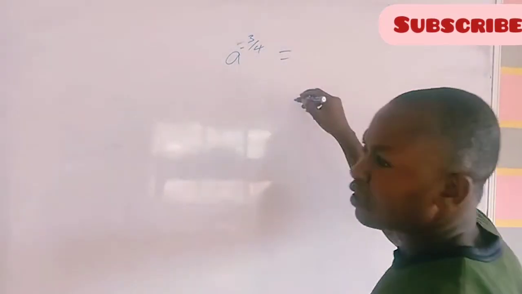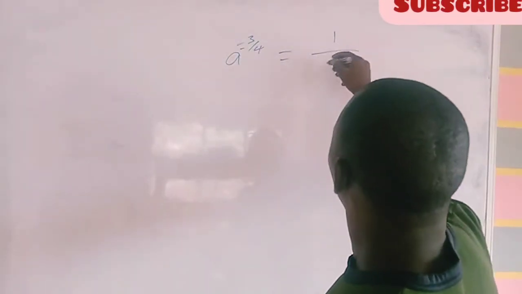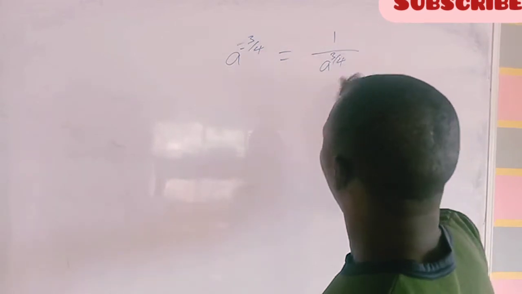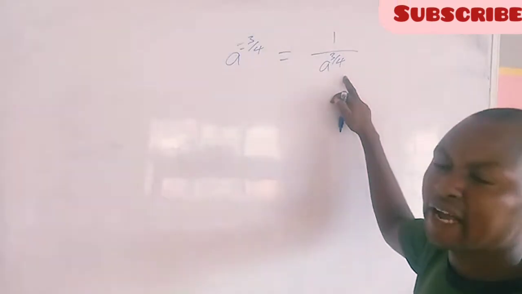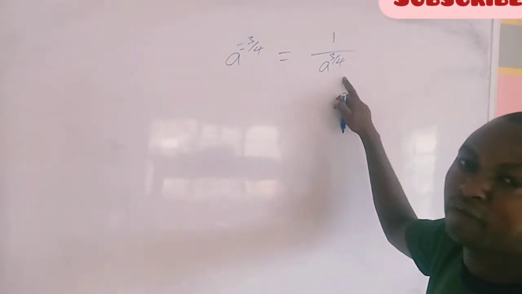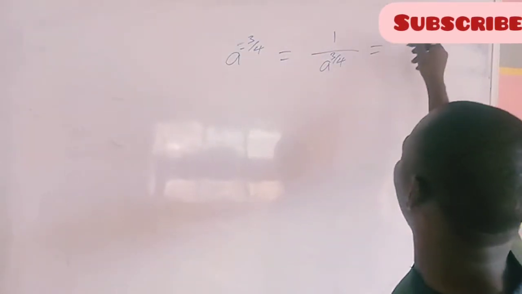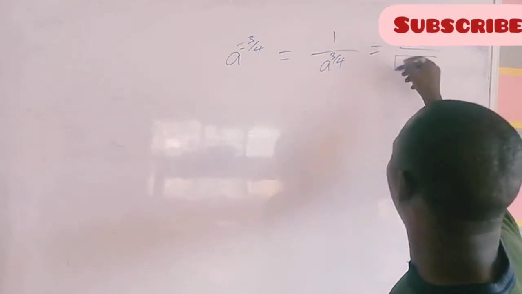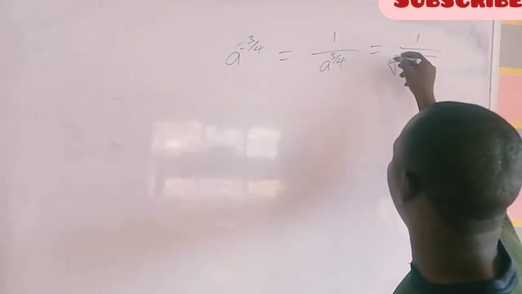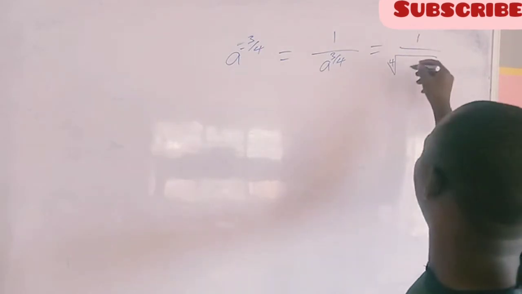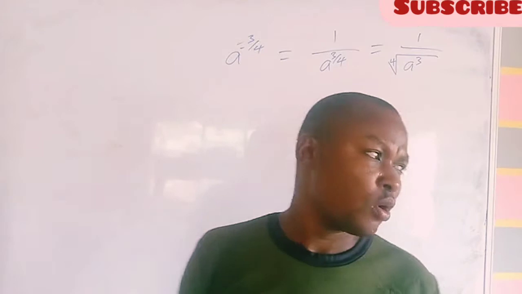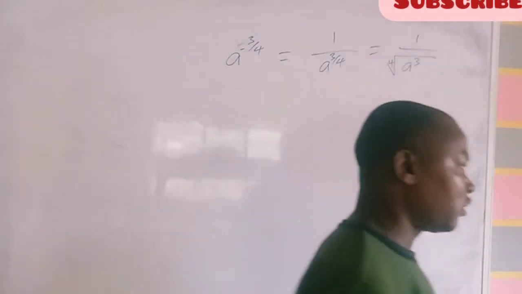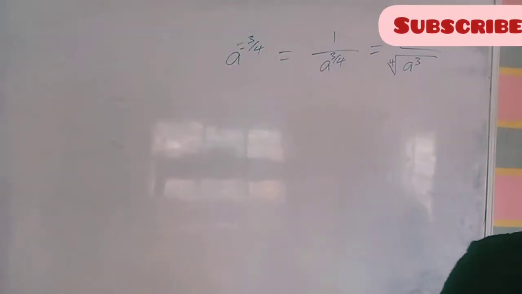We can first of all convert it to 1 over a raised to power 3 over 4. Then this is the case of a number raised to power positive fraction. But we are going to now convert it to 1 over, we have a root. So it's a fourth root of a, we have a 3. So these are the rules of indices.